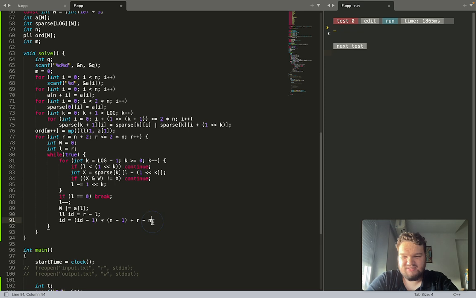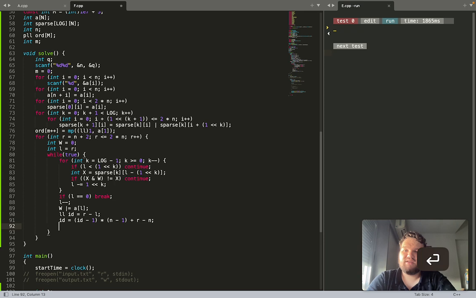If I'm looking at the segment 0, 2, this will be (2 minus 1) times (n minus 1) plus 2 minus n, so it's n minus 1 plus 2, n plus 1. That's the first segment that is there. Should be correct, yes.